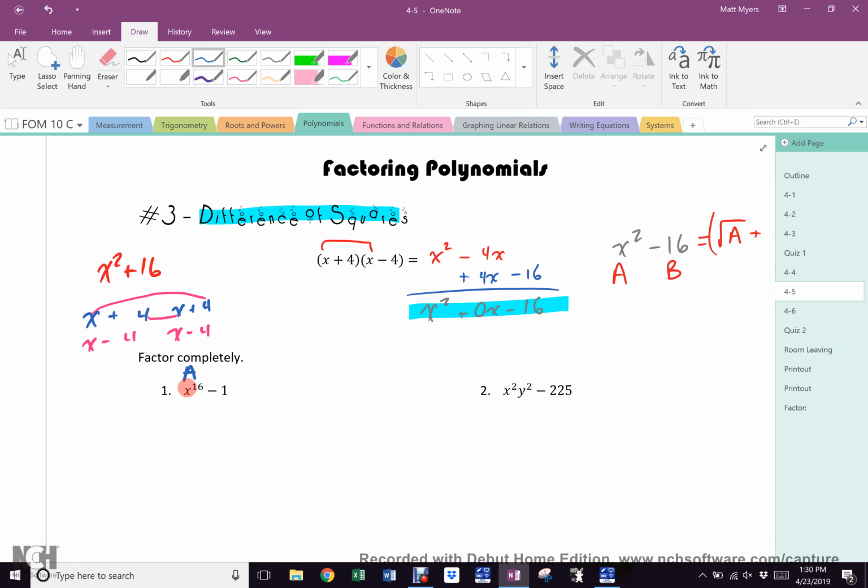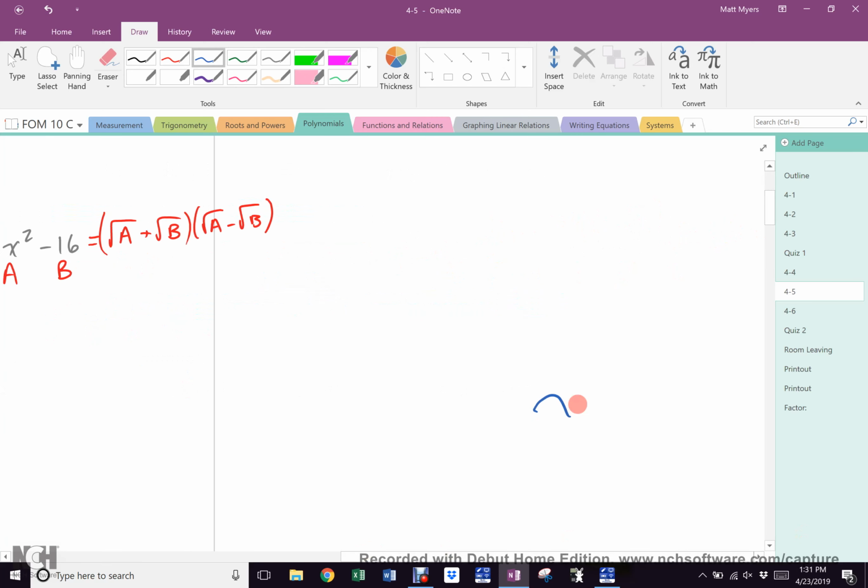Because 16 is an even number. So if I need a perfect square, I need two exactly the same, yes? What is the square root of x to the 16th? X to the 4th? Okay, so that would mean that x to the 4th squared would equal x to the 16th. Does it? That is x to the 8th.